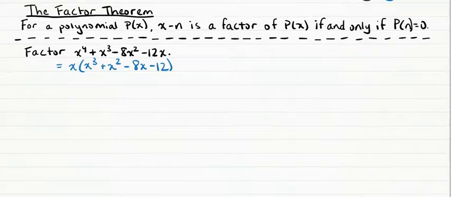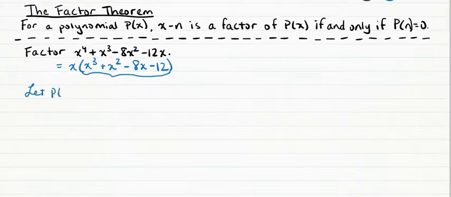And because the factor theorem is based on the definition of a function, and it's using function notation, we first need to define the function that we're going to use. So we're going to factor this cubic polynomial using the factor theorem. So I'm going to define a function for that polynomial.